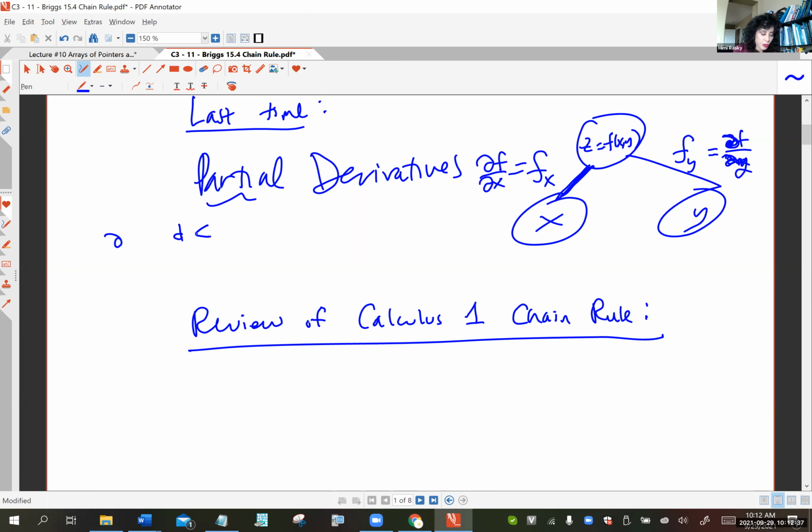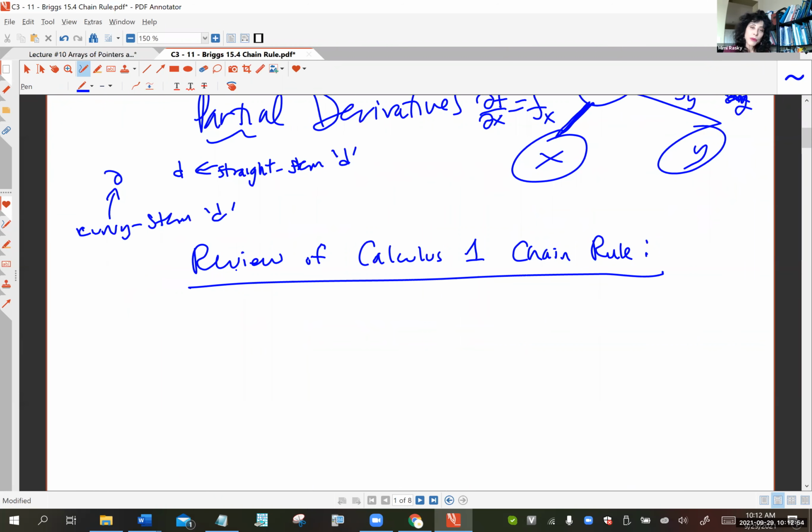Know the difference because we're going to be working with both. And you have to know the difference between these notation wise, otherwise you lose points. Okay. So we are going to do the chain rule.